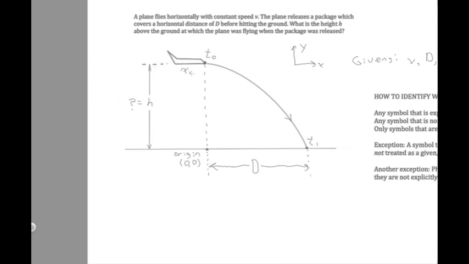So here the coordinates will be x0 and y0. So x0 has a coordinate of 0 because it's at the same horizontal position as the origin. And vertically, we're at a distance of h above the origin. So here are those coordinates.